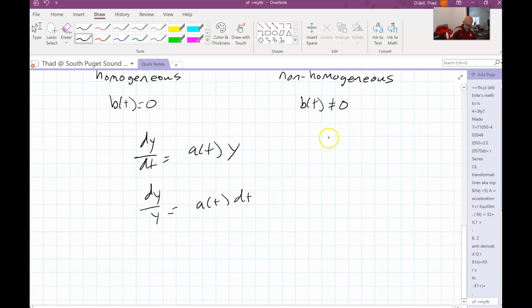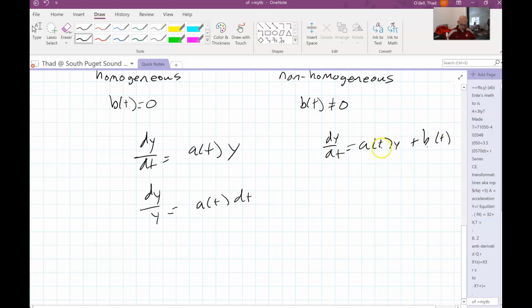And likewise, if I have dy/dt is equal to a of t y plus b of t, that plus is going to cause a problem because there's no way to get the y out. If I divide both sides by y, then b of t becomes divided by y.